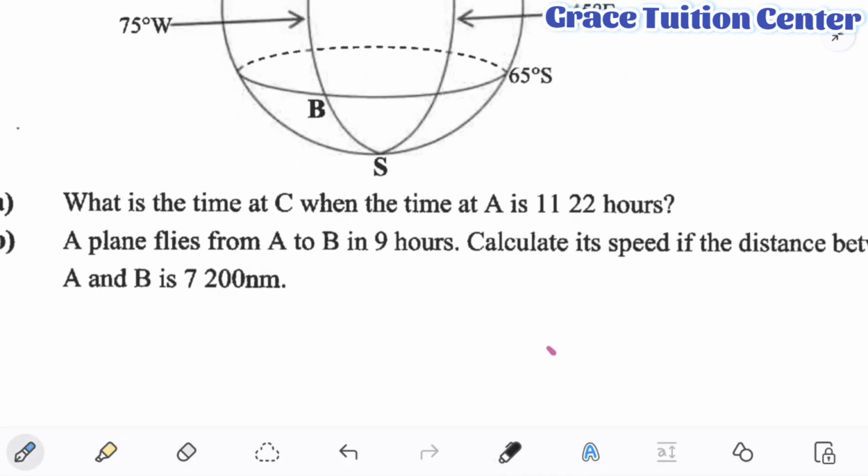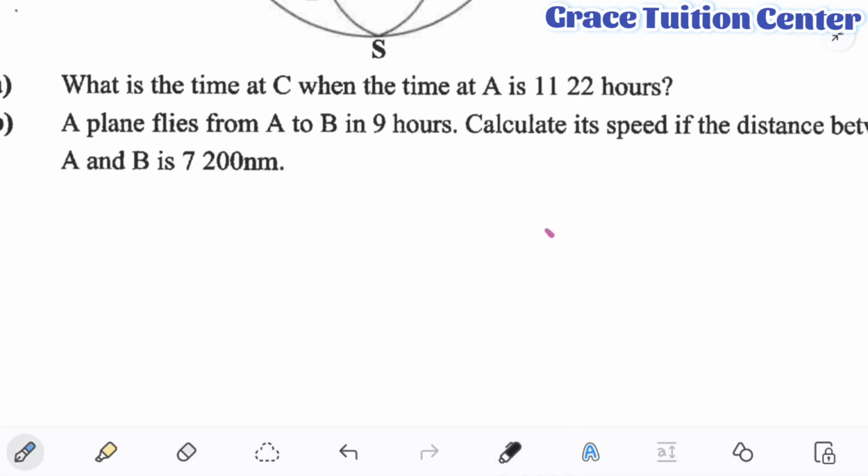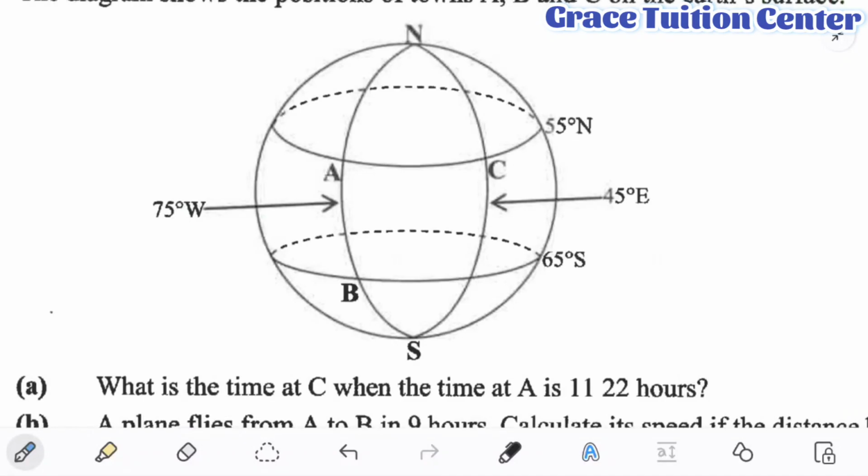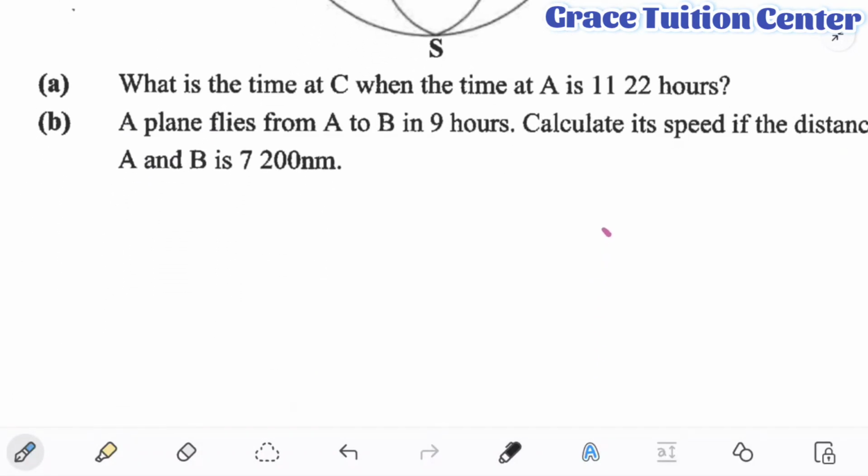So what we do to calculate our time is we must first find the sum of the longitudes. So we're going to say the longitude sum is equal to 75 degrees plus 45 degrees. If you add this up, we're going to get 120 degrees.